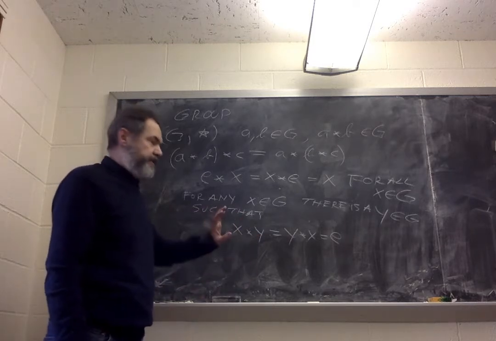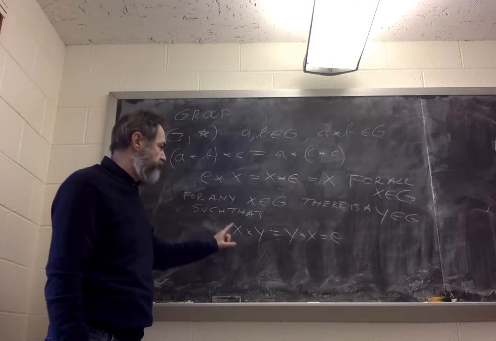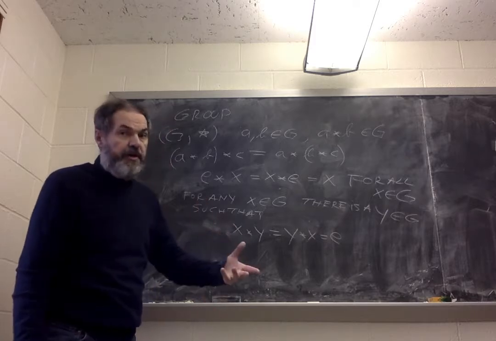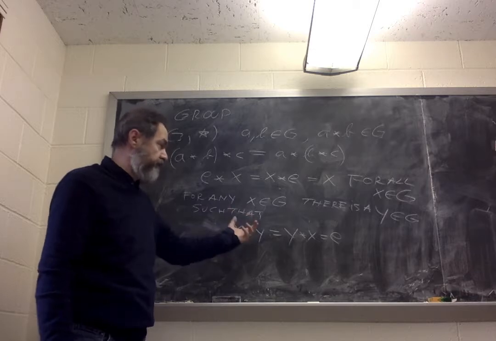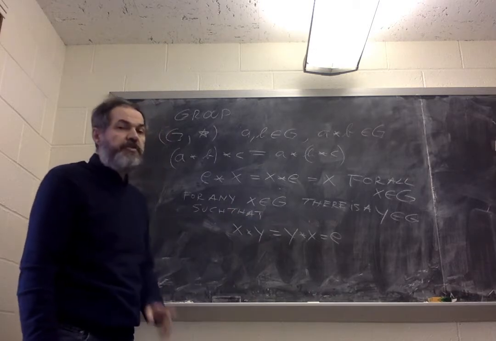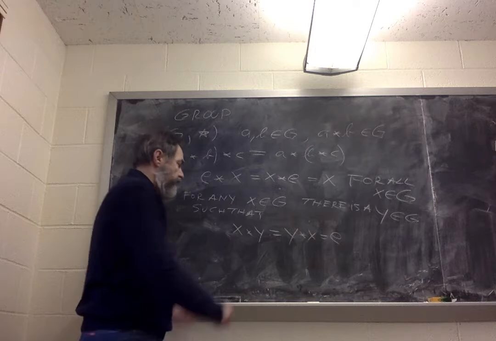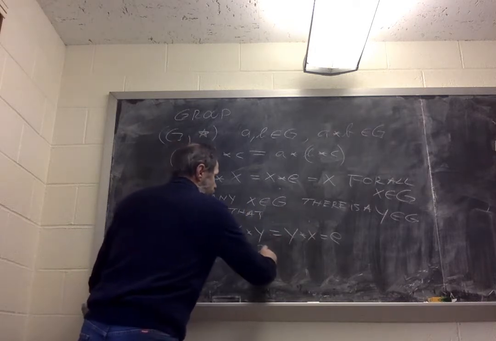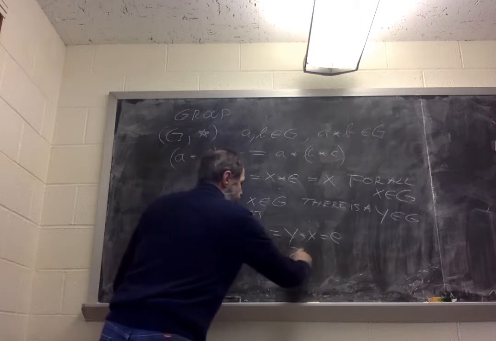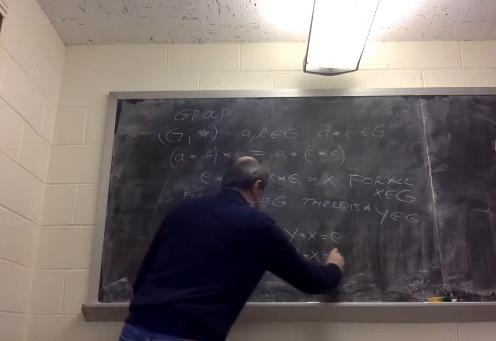Now it's very easy to see that there is only one y. If this happens, then for all x there is an inverse, and there is a unique inverse. Let's see how we prove this. Suppose there is another one like z: x times z is equal to z times x, and is equal to e.